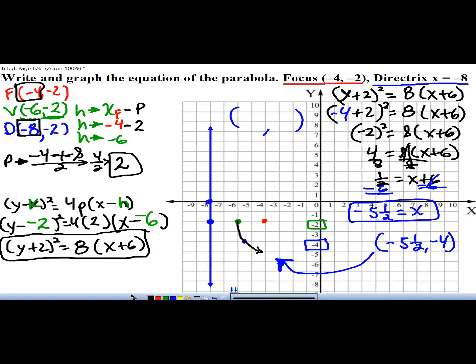So what do we know about parabolas? That from the vertex to this side, this point should reflect to the other side. So what do you think our point coordinate would be for the other side? What do you think, Bree? -5.5, 0.